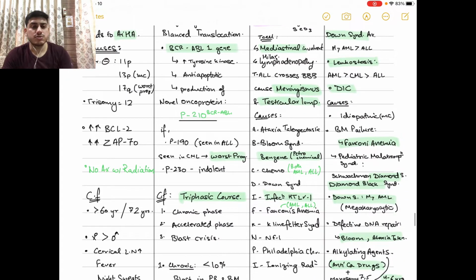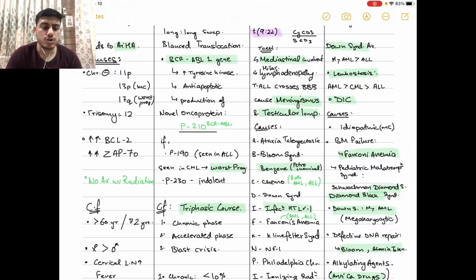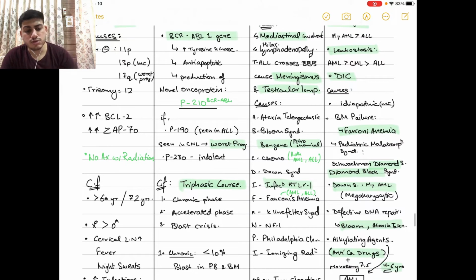So what are the causes for these cancers? First of all, chromosomal deletion: 11p, 13p. 13p is the most common, and p is the short arm of the chromosome, and q is the long arm. If there is deletion of 17q, it has a worse prognosis. There is also an association with trisomy 12.